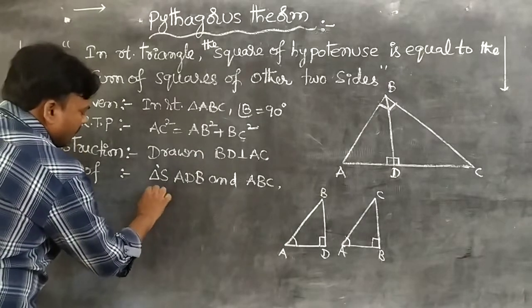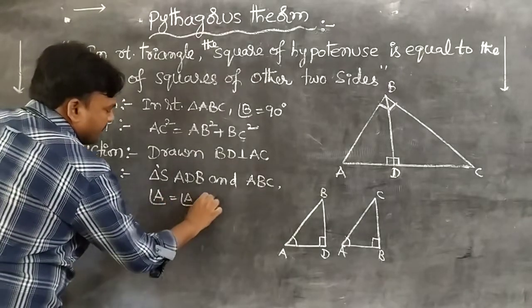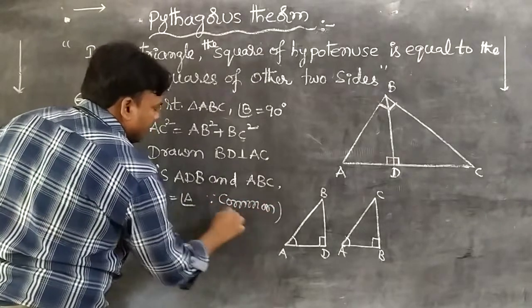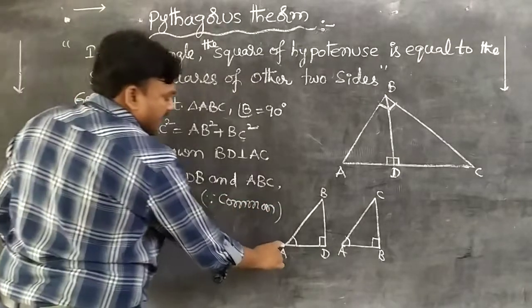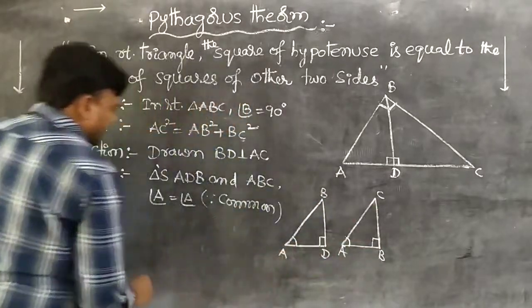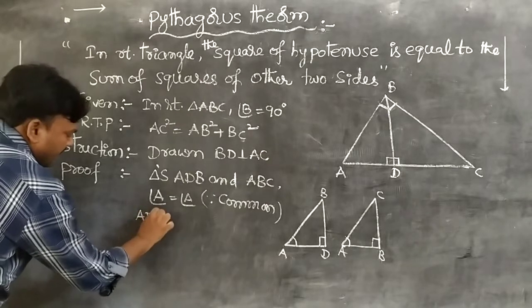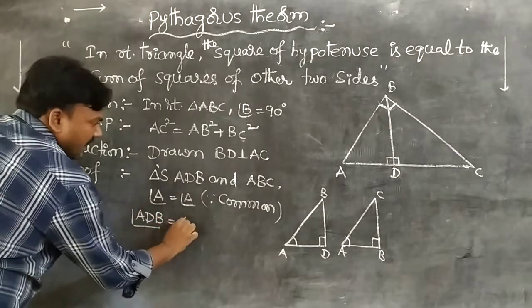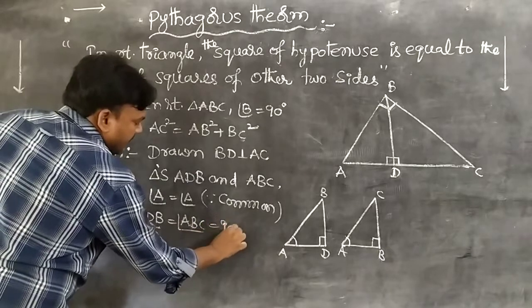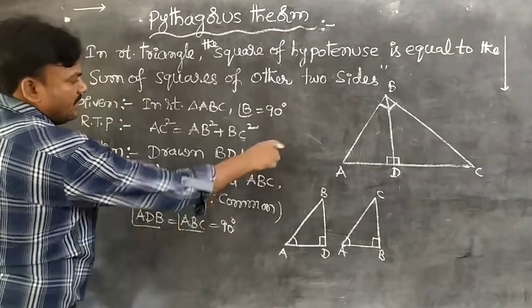So here, angle A equal to angle A, since common angle. And second one, angle ADB equal to angle ABC equal to 90 degrees. Already given.